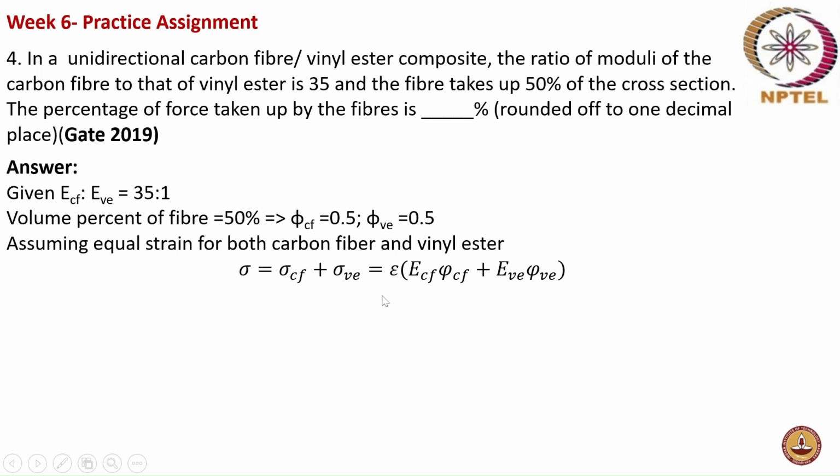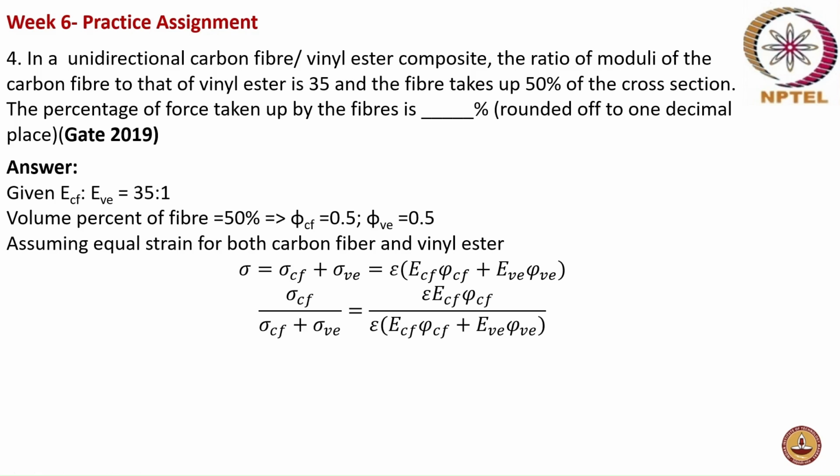If you express that, it will be epsilon, the strain, into the carbon fiber's modulus into the volume fraction of carbon fiber, plus strain into the vinyl ester's modulus multiplied by the vinyl ester's volume fraction. Since the strain is constant, you take the strain out and you arrive at this kind of an expression.